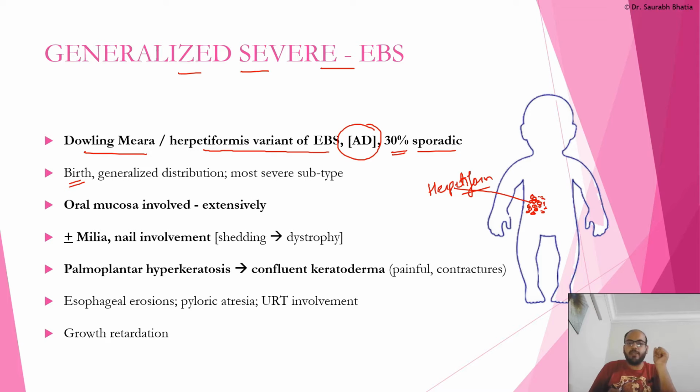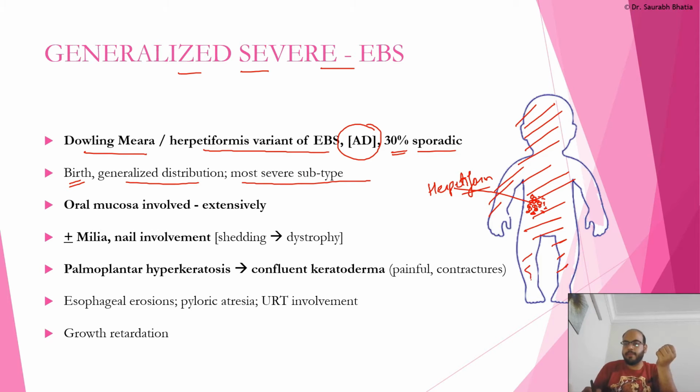There is blistering at birth in a generalized distribution, and it is the most severe subtype, as the name suggests. Look at the diagram, the blistering is generalized. Clear? Oral mucosa is extensively involved.